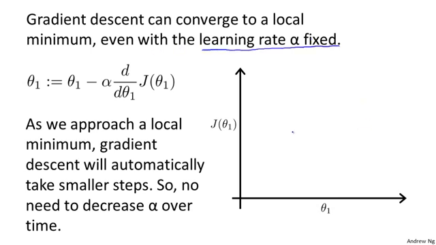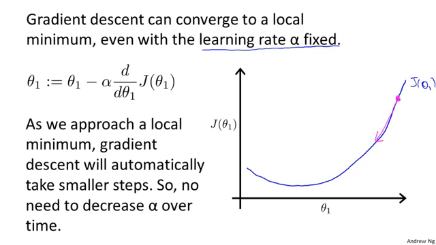Here's what I mean by that. Let's look at an example. So here's a cost function J of theta that maybe I want to minimize. And let's say I initialize my gradient descent algorithm out there at that magenta point. If I take one step of gradient descent, maybe it'll take me to that point, because my derivative is pretty steep out there, right?